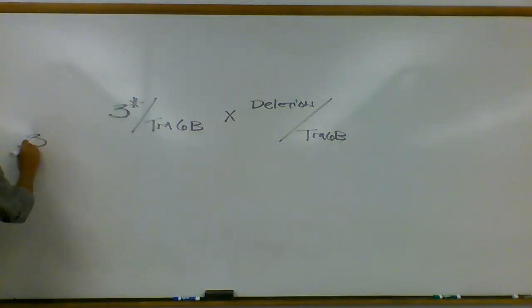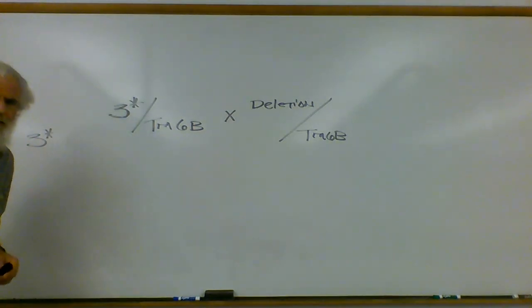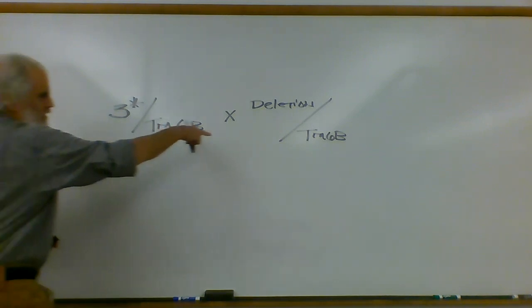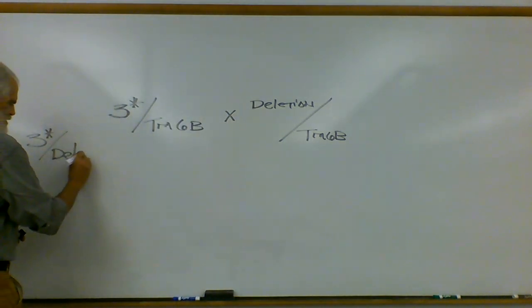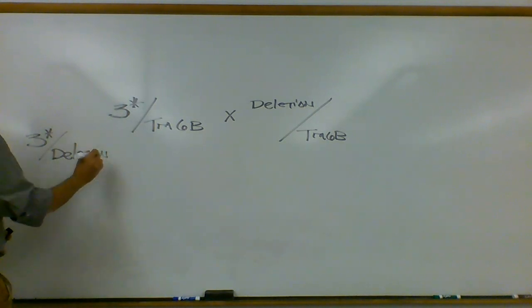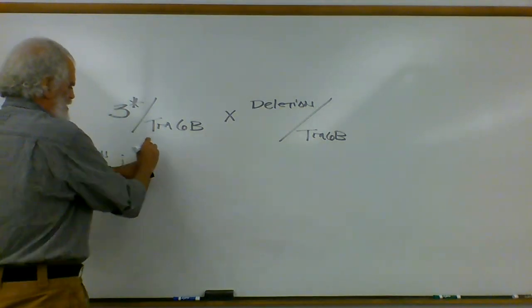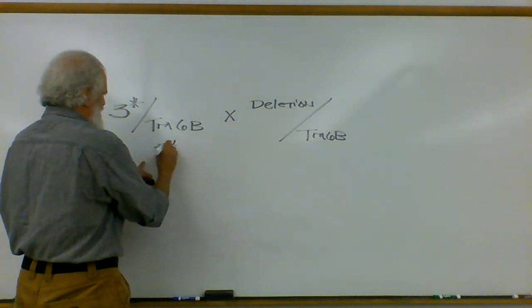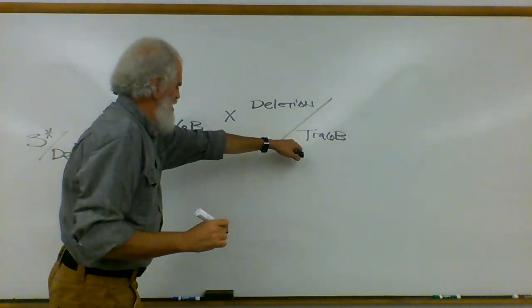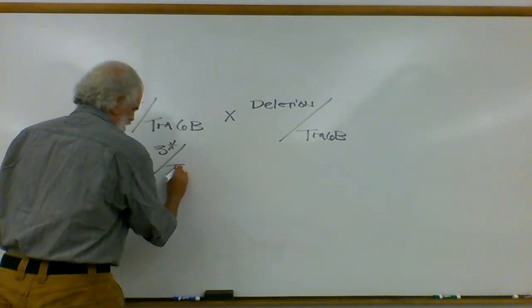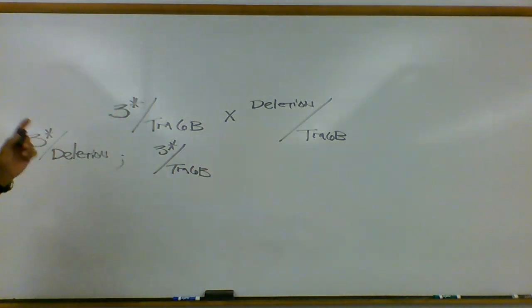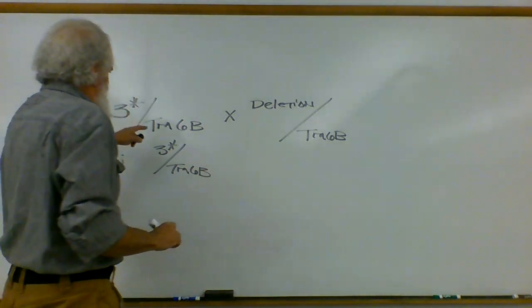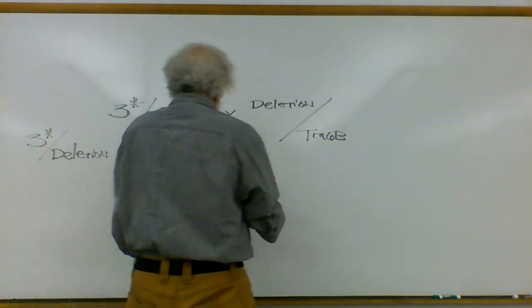We're going to have mutagenized 3 over the deletion. We're going to have mutagenized 3 over TM6B, our marked chromosome with the recessive mutation. Now we're going to have TM6B over the deletion.